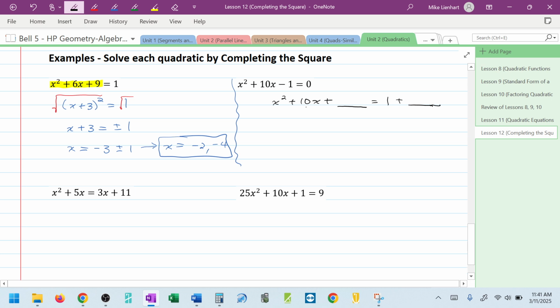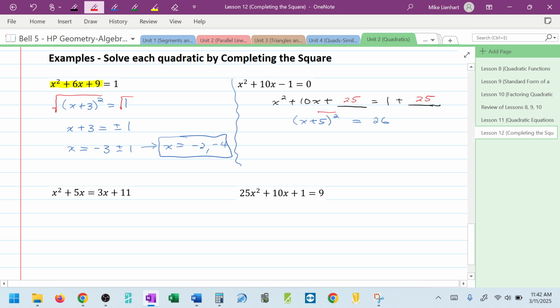Now, I'm going to take b, which is 10, divided by 2, 5, and square it. That leaves me with 25 and 25. Okay, I'm going to rewrite the left side as x plus 5 quantity squared, and 1 plus 25 on the other side is 26.